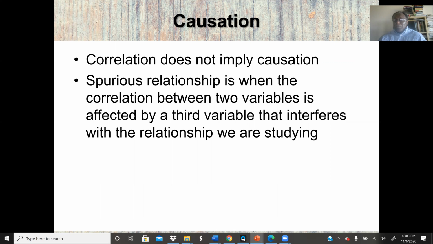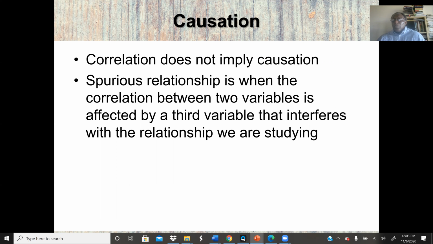That is in summer. But at the same time in the summer, the sales of ice cream on Miami, Florida beach go up. So now can we say that there's a relationship between shark attack and sales of ice cream? But can we say that there's a causation? Of course not. Because we cannot say that when a person gets attacked by a shark, the first thing they are going to do is go and buy ice cream.